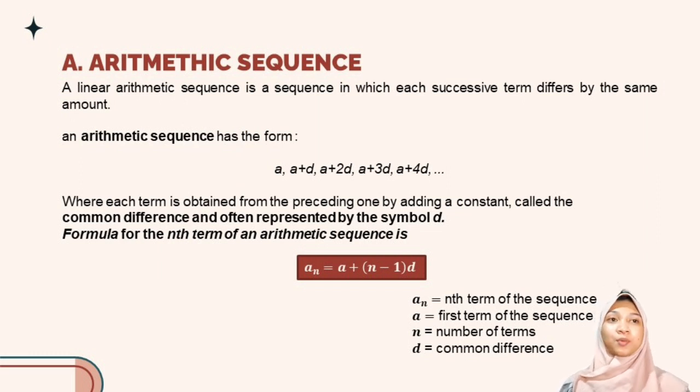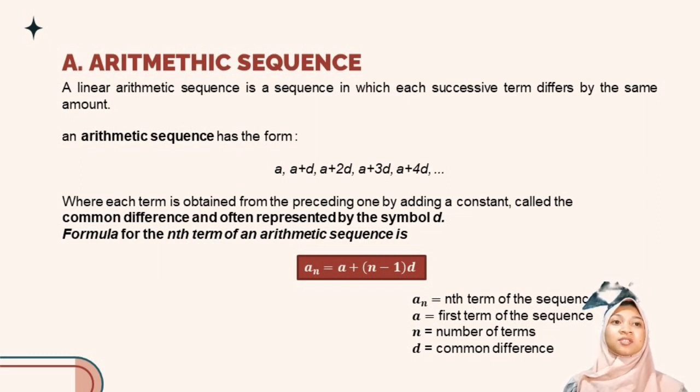An arithmetic sequence has the form a, a plus d, a plus 2 times d, a plus 3 times d, a plus 4 times d, where each term is obtained from the preceding one by adding a constant called the common difference, often represented by the symbol d.